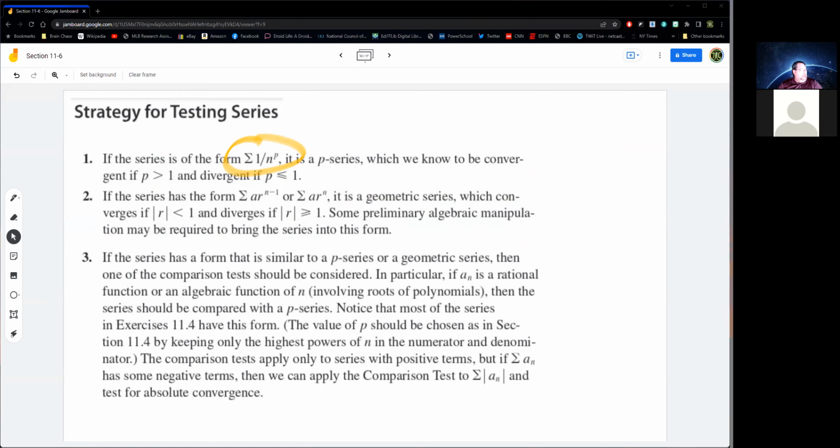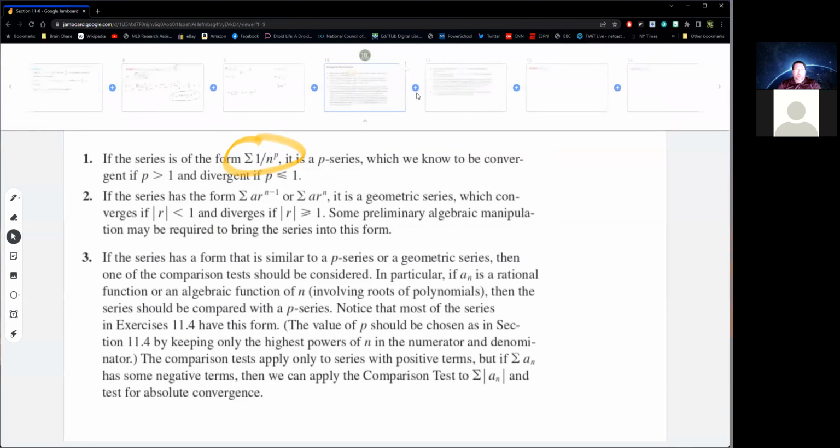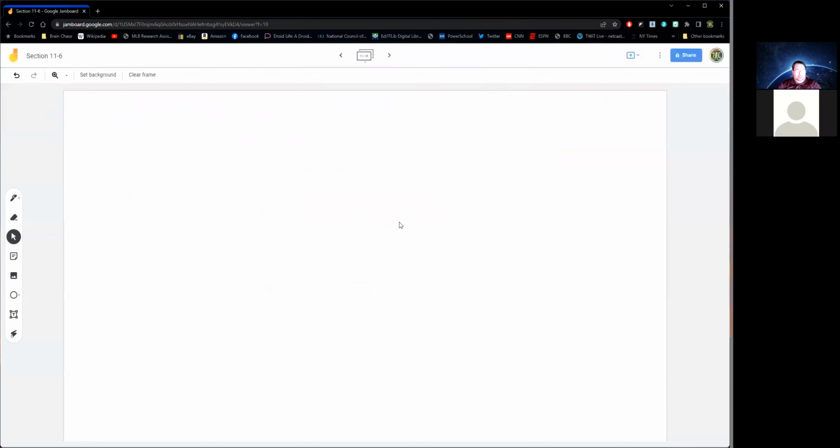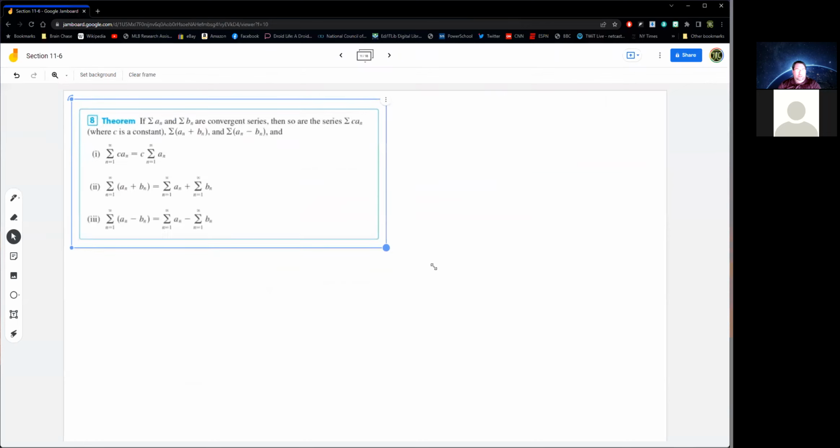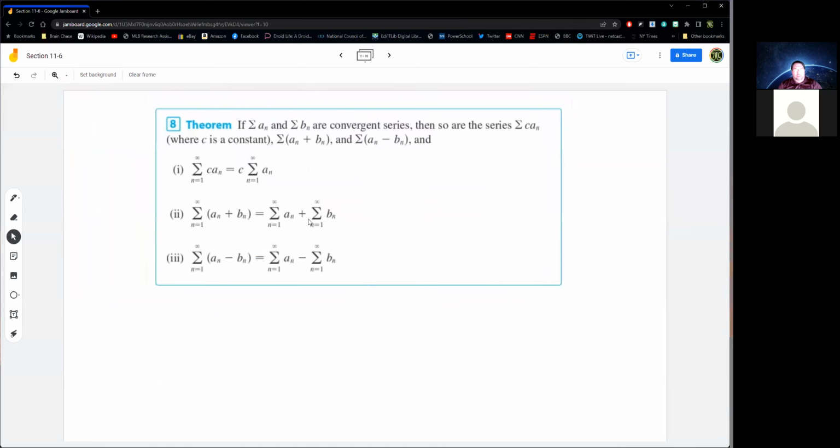So we had this rule way back when, that remember, we can pull out constants and we can split up addition and subtraction. That's going to help you break some of these problems down because you might not have to do the whole problem all at once.